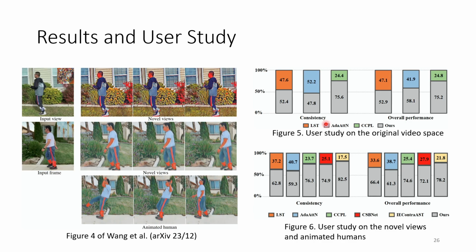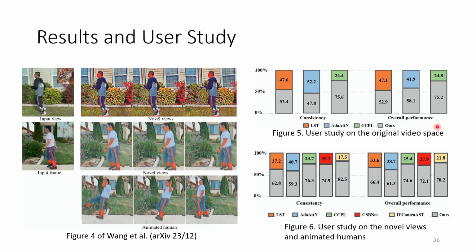Because the research is so new, they cannot find a metric to measure the quality of the generated videos or images. They can only ask human users to evaluate which one is better. So they conducted the human subject study on two different spaces.